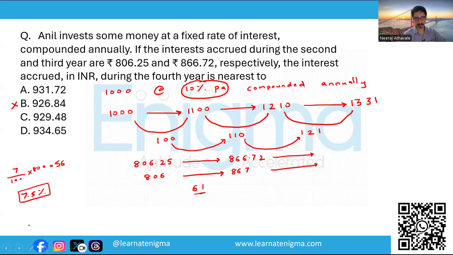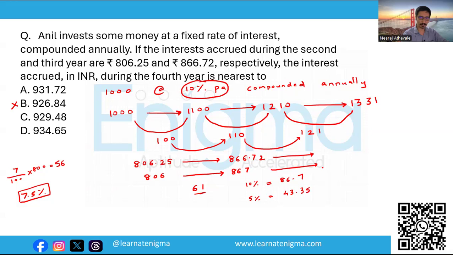So how to get 7.5% of 867? Okay, we can easily find out the 10% value. So the 10% value is 86.7. The 5% value will be 43.35.